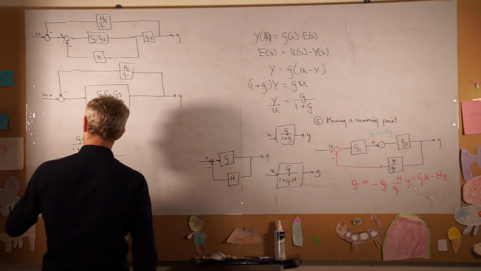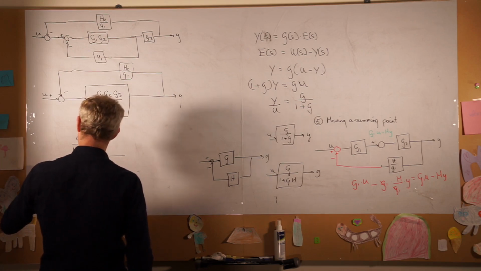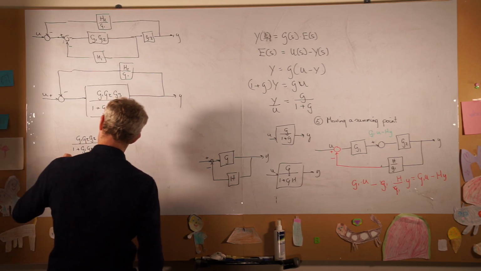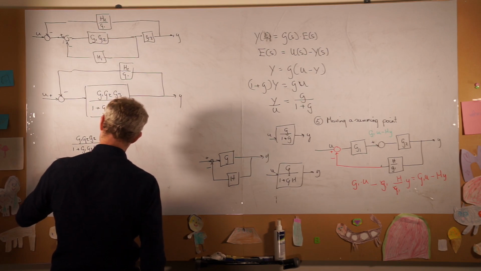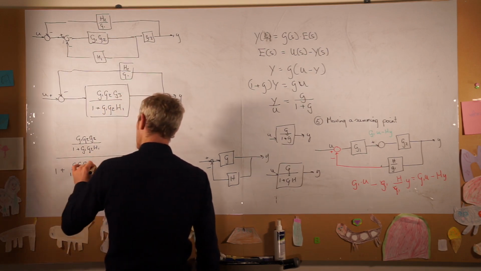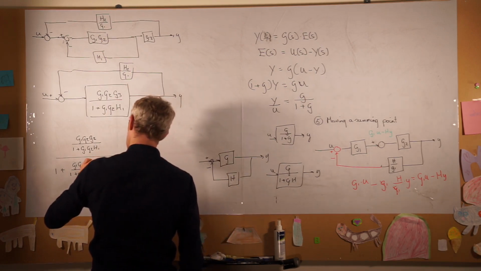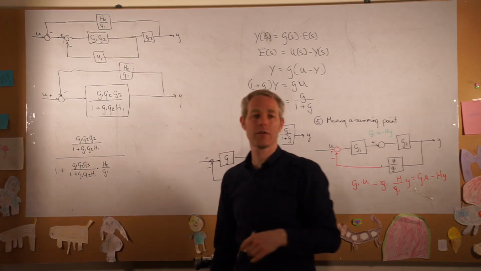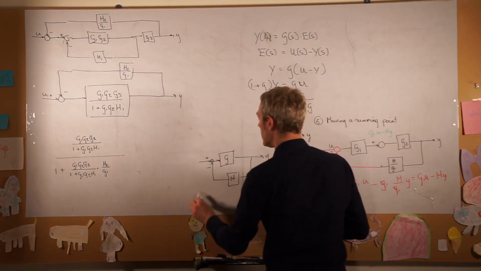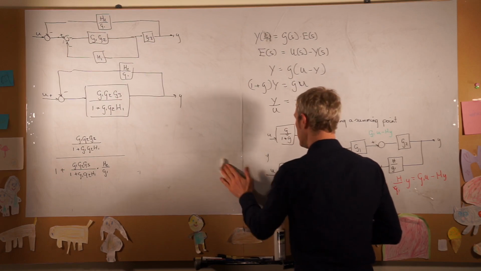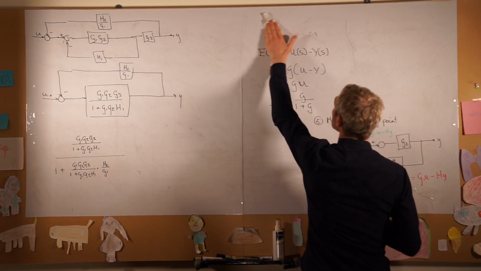So this does become a bit big, so it is 1 plus G1, G2, G3 over 1 plus G1, G2, H1 times H2 over G1. Now, of course, I don't like a fraction of fractions, so we're going to make this slightly nicer. And I'll just give myself a little space.